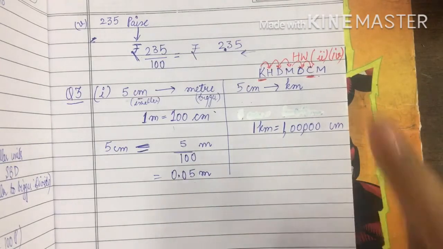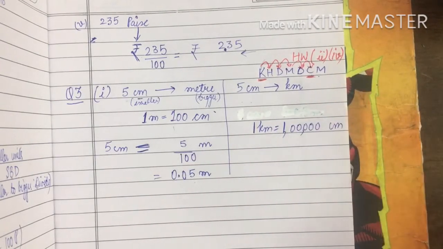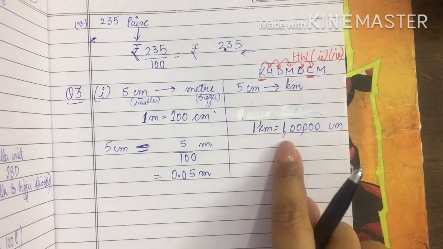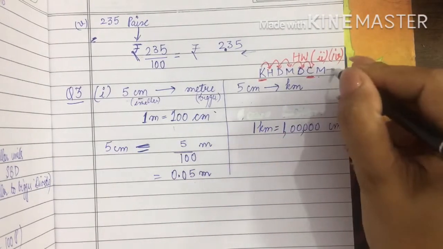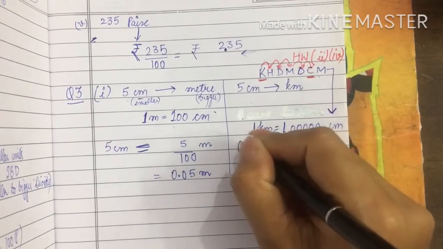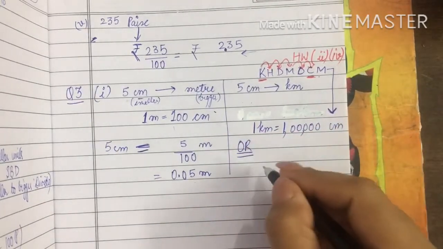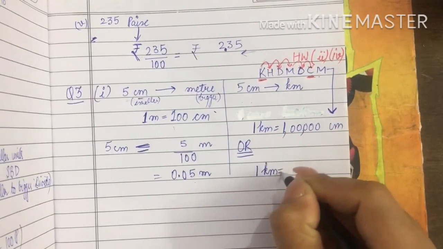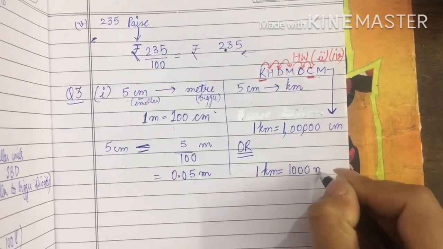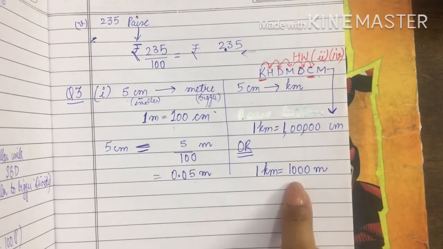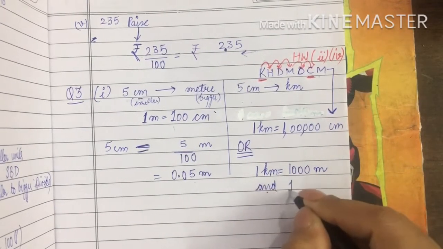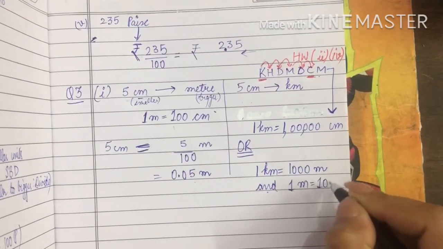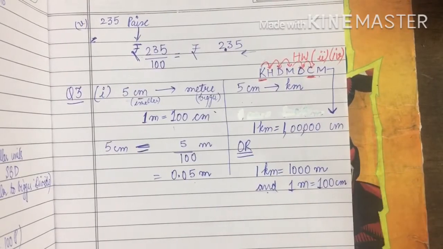If you do not remember this, then there is another way you can find this out, that 1 kilometer equals 1 lakh centimeters. So this has been obtained from here. Or what I know is, I know that 1 kilometer is equal to 1000 meters. 1 kilometer has 1000 meters. And I also know that 1 meter has 100 centimeters.